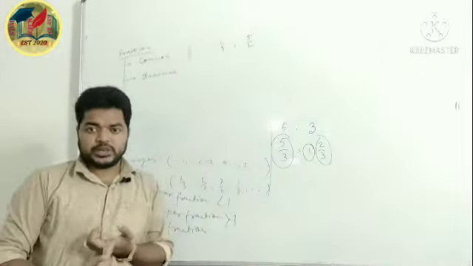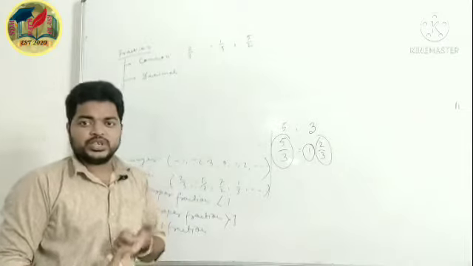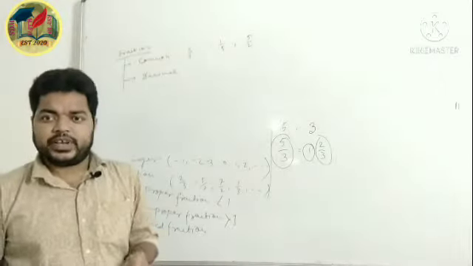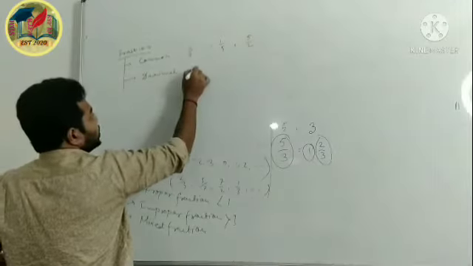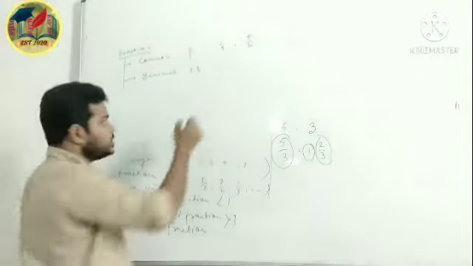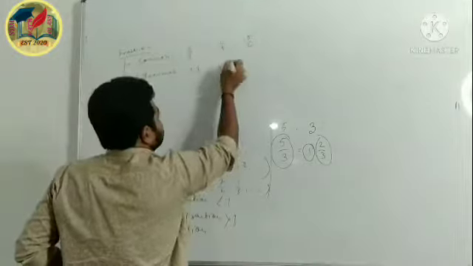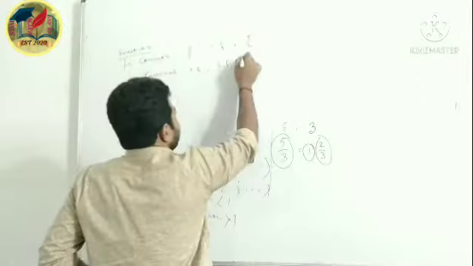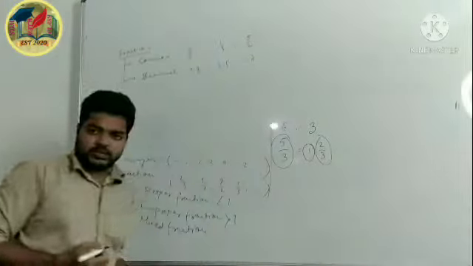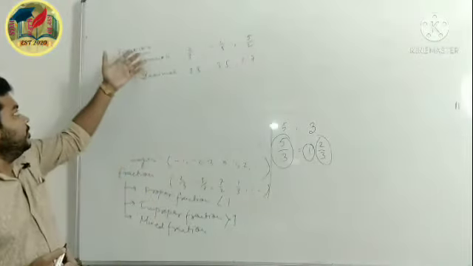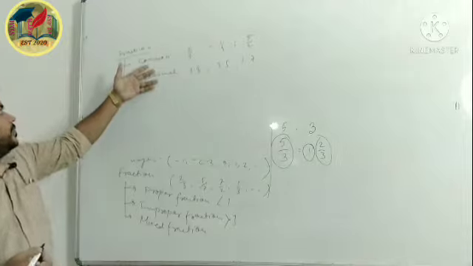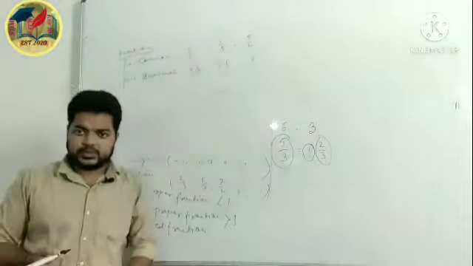And what is a decimal fraction? A decimal fraction means we express a fraction with a decimal number. Clear? That is, 2.3 is a decimal fraction, 3.5 is a decimal fraction, 1.7, all are decimal fractions. Clear? Now this is also a type of fraction and this is also a type of fraction.